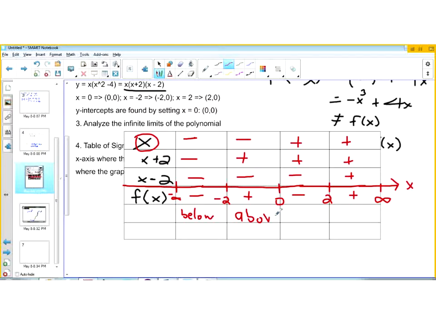Between -2 and 0, your drawing needs to be above the x-axis. Between 0 and 2, you need to be below the x-axis in your graph sketch. And then between 2 and infinity, you need to be above. All right? Okay, so there you have it.